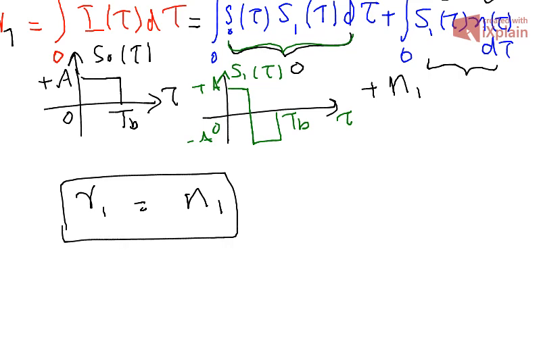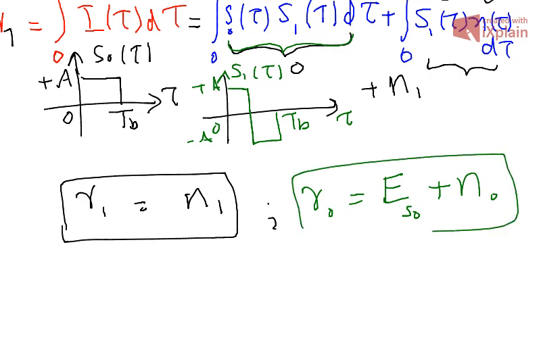Now if you compare it with our previous value of R0, which is the energy of the signal S0 plus N0, the noise term. So R0 has two terms, the energy of the signal plus noise, while R1 is just the noise term.